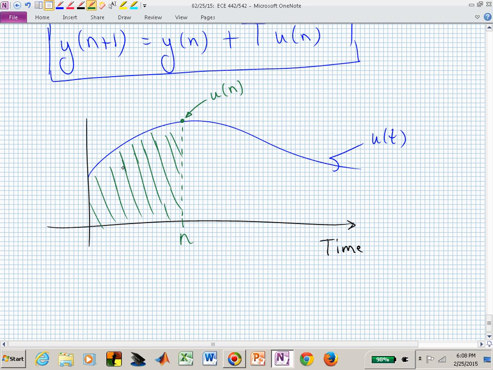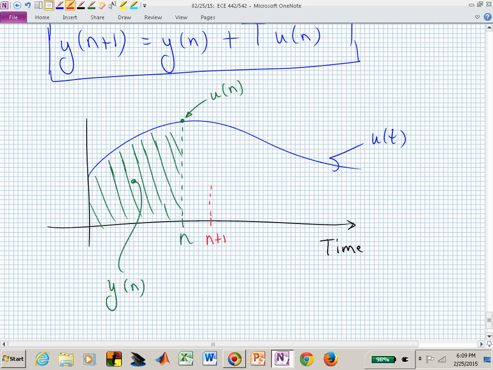This area underneath that is y of n. Remember, this was an integration process. That area up to time n is the area under the curve. Now if I want the area under the curve at time n plus 1, I can go one time step into the future.